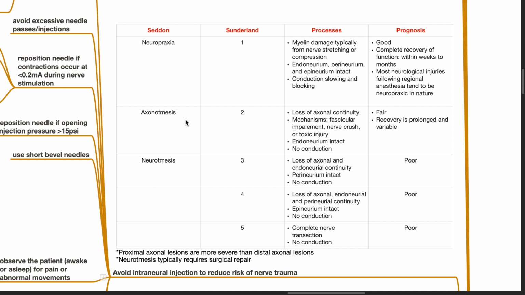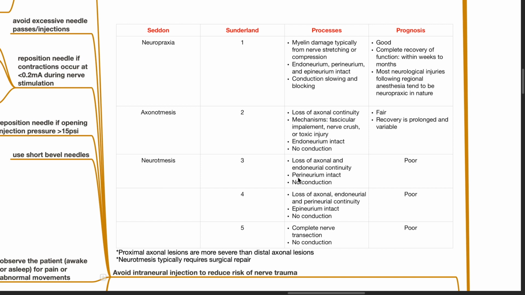For axonotmesis, there is loss of axonal continuity. Mechanisms include fascicular impalement, nerve crush, or toxic injury. Endoneurium is intact. There is no conduction. Prognosis is fair. Recovery is prolonged and variable. For Sunderland stage 3, which corresponds to neurotmesis, there is loss of axonal and endoneurial continuity.